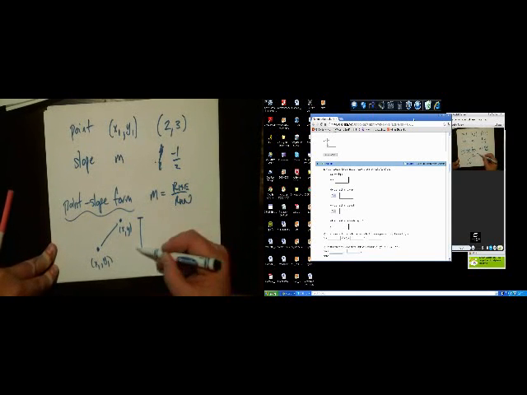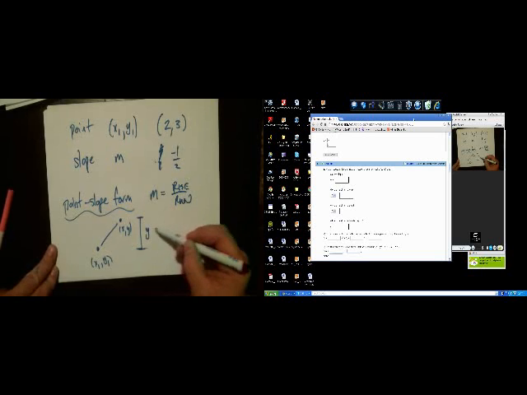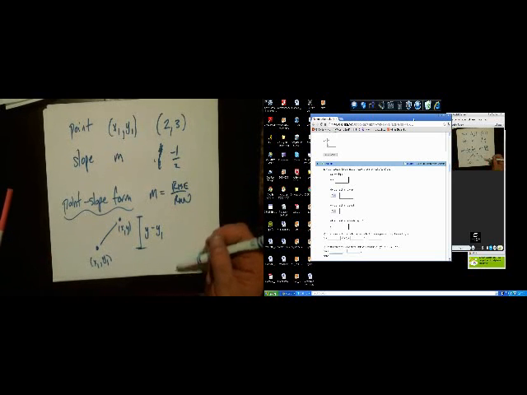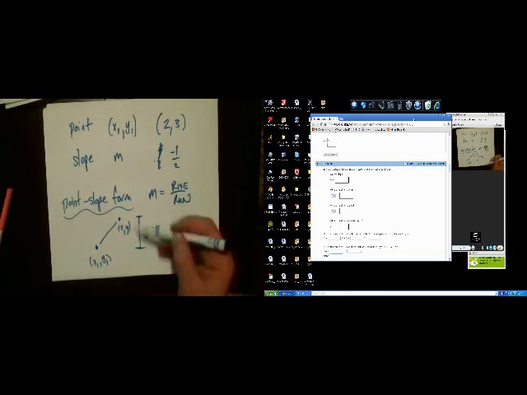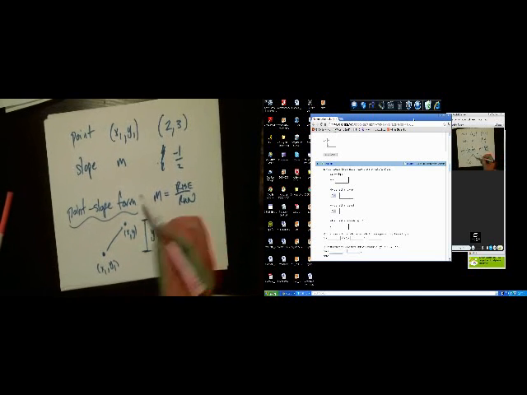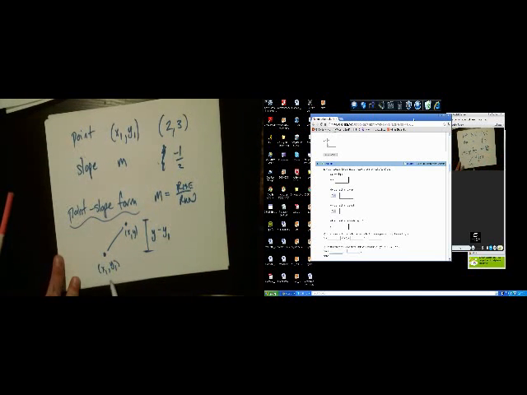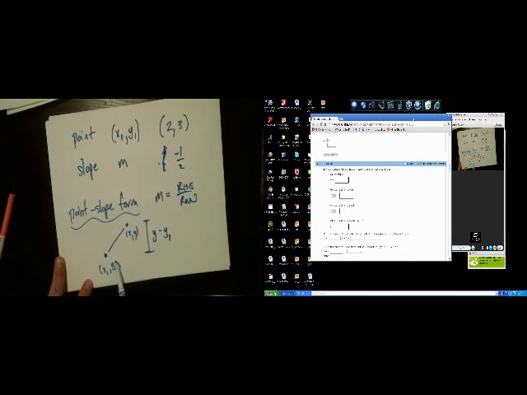The rise here is y minus y1. Do you see that? Yeah, I get that. Then the run is going to be x minus x1.